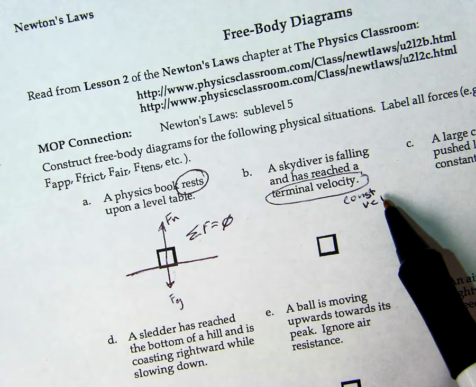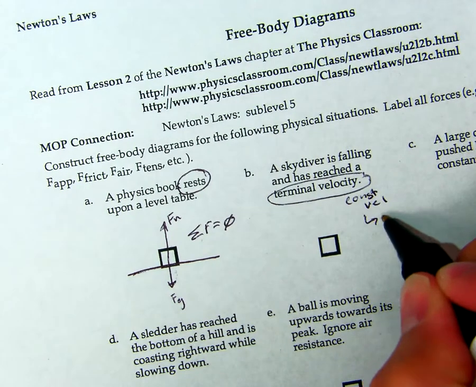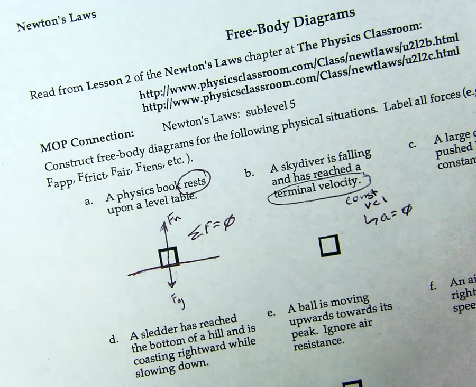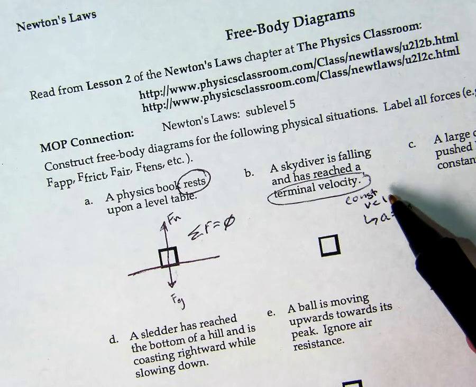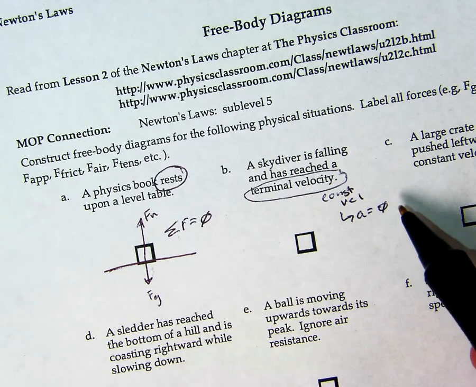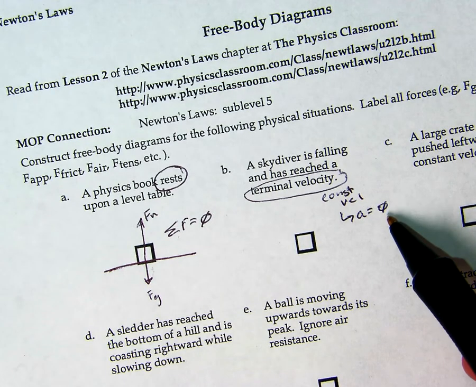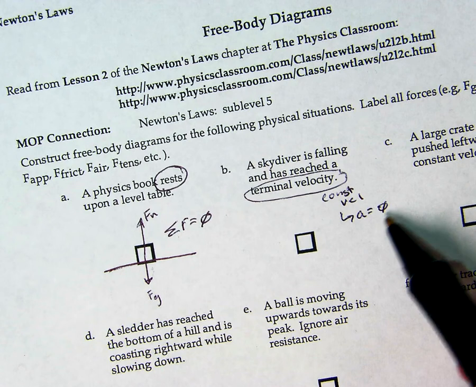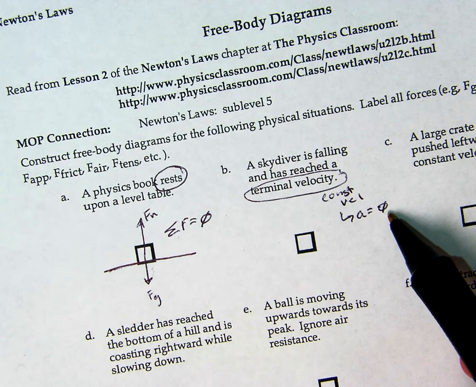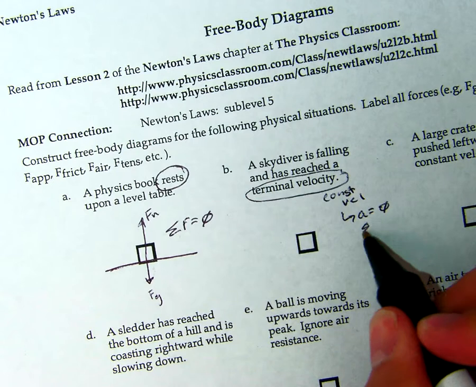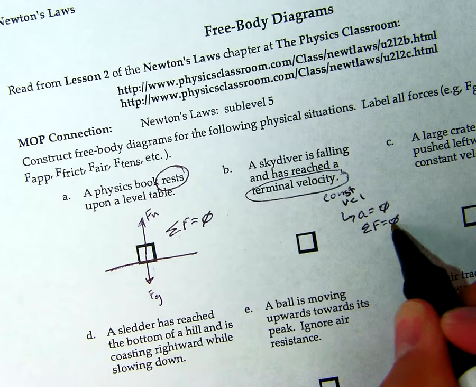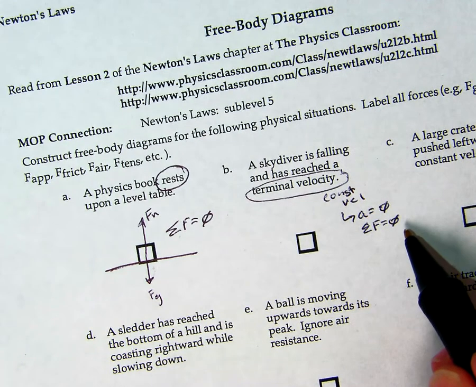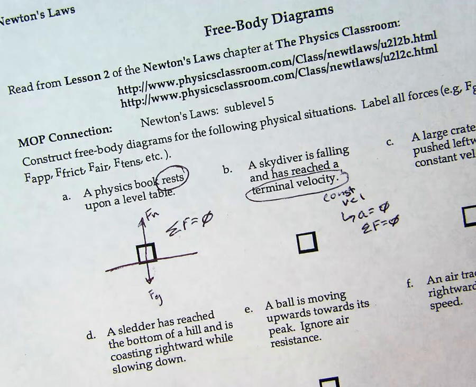And so if we have a constant velocity, then we know that we're going to have an acceleration of 0, because constant velocity means that we are not changing our velocity. So we know that acceleration is 0, which means that the sum of all of our forces is going to have to be 0.